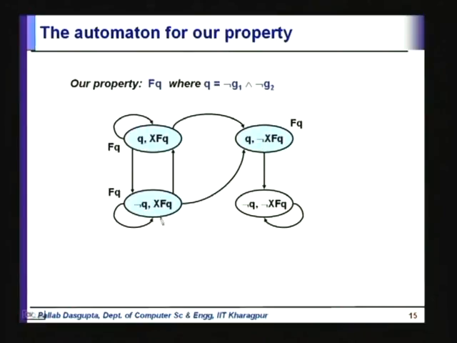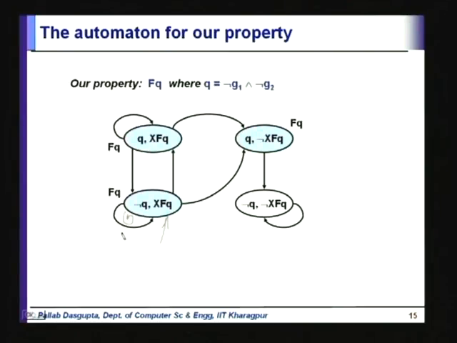Suppose there is a run in which we start here with a not Q, and suppose there is a run in which Q never actually happens. So what is going to happen? You will keep going round and round in this one, and that is not an accepting run, right.